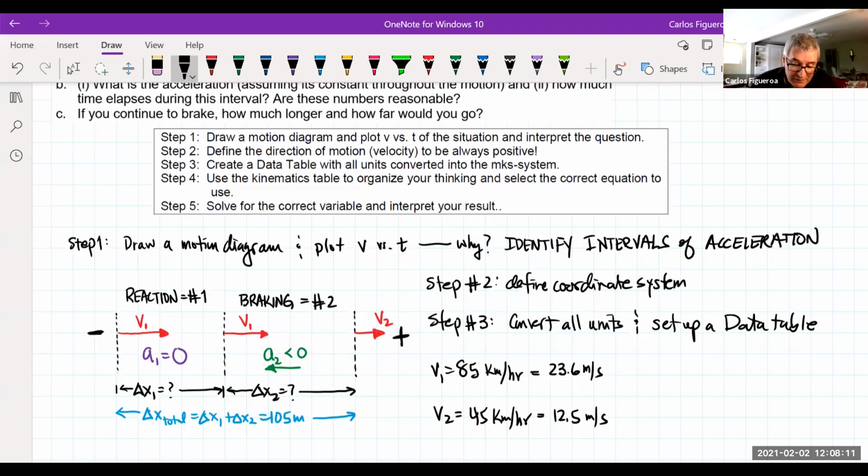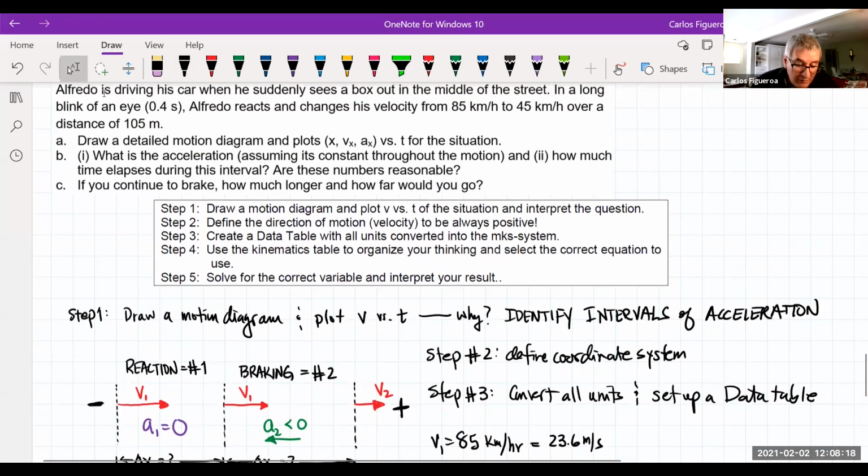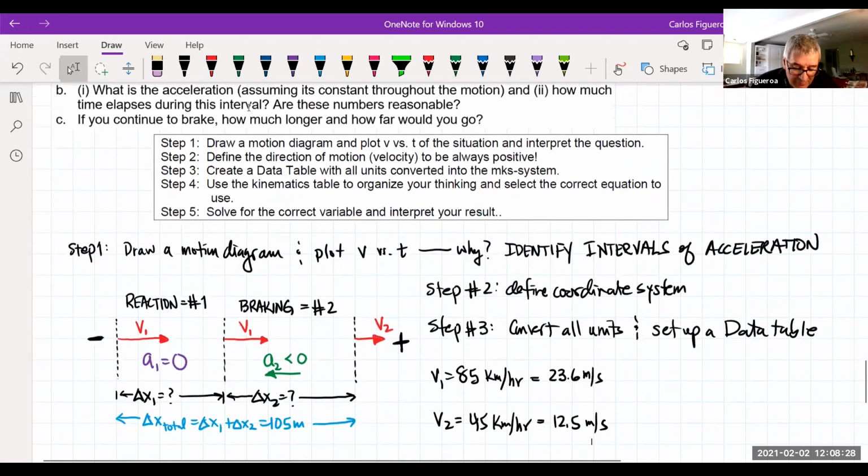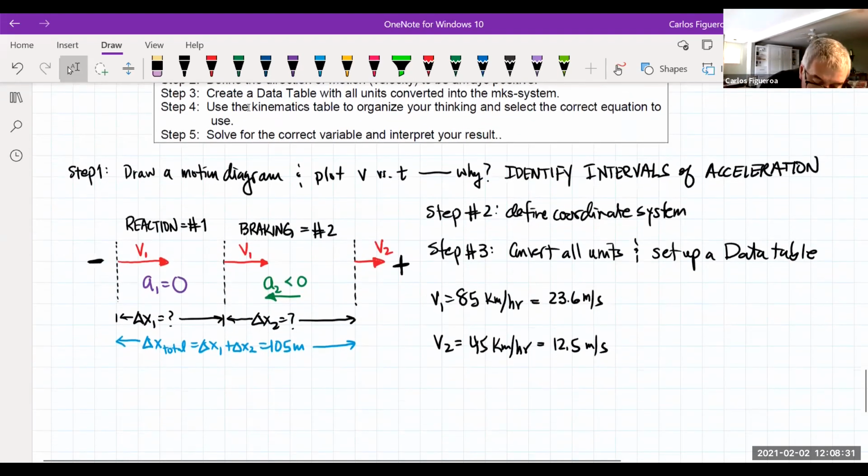Now I want to make sure that I get all of the information on my table, because I haven't really finished reading the problem. So look at that. He's driving, he suddenly sees the box in the middle of the street. In a long blink of the eye, he reacts. So note, there's another piece of information here. What's this other piece of information? From here to here, the time of the first interval is 0.4 seconds.